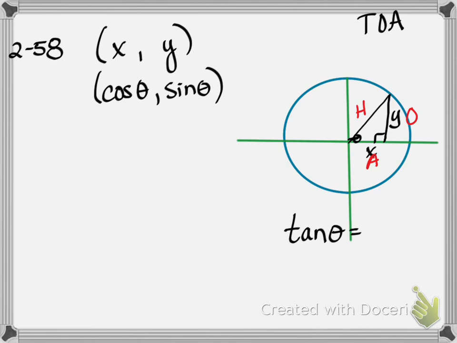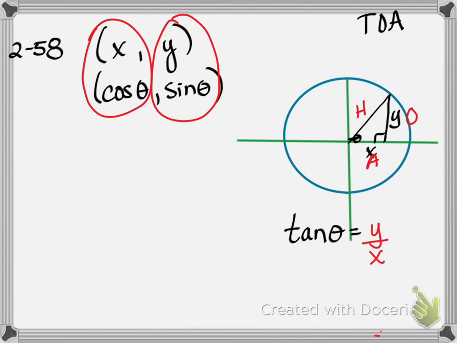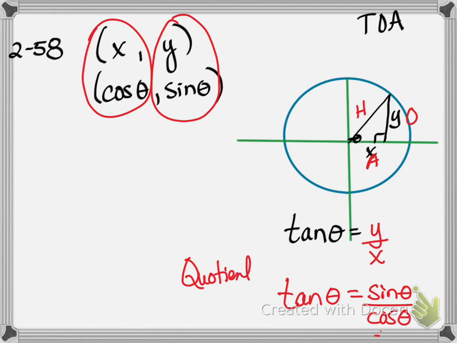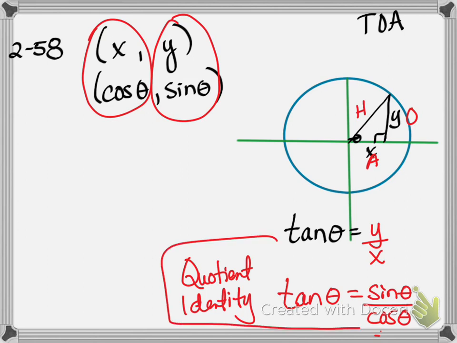So tangent O over A is Y over X. Isn't that funny? Because we just said Y was the sine values and X was the cosine values. So we learned that the tangent is sine of theta over the cosine of theta. This is called a quotient identity, and it's a really important identity. That's going to show up a lot in the next few weeks.